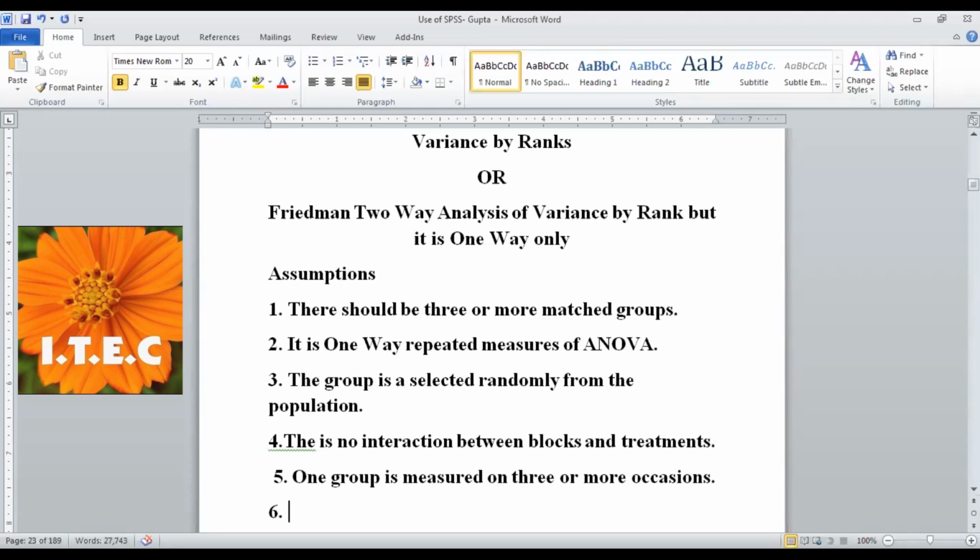Then the data should be at least on the ordinal scale.